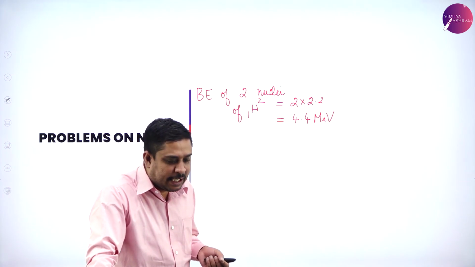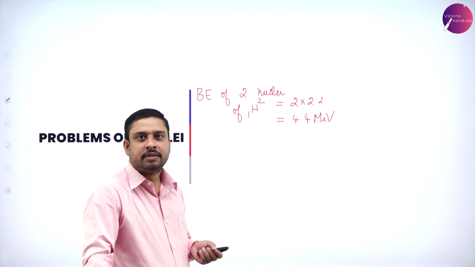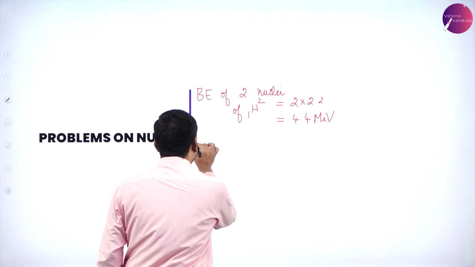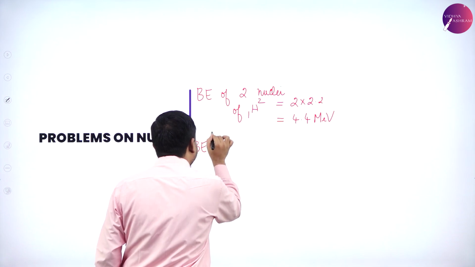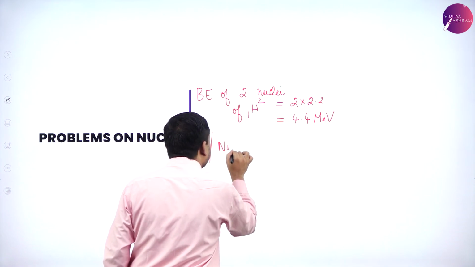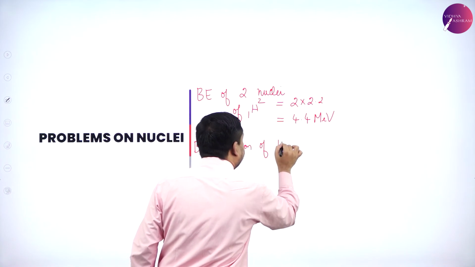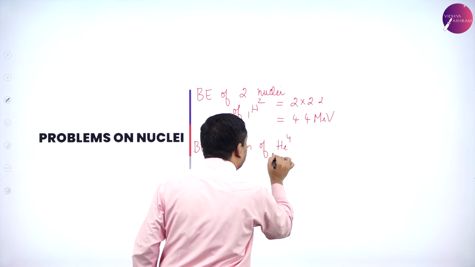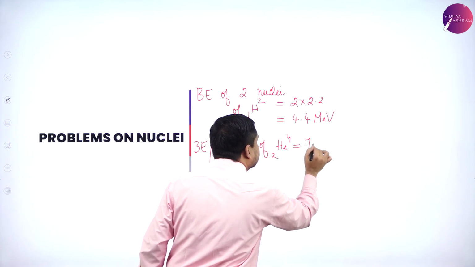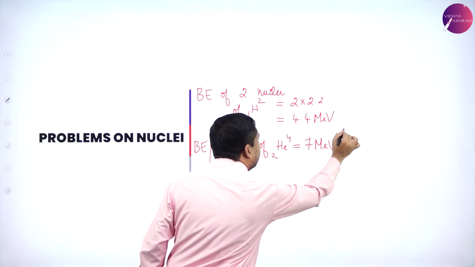Which is the single nucleus formed? Helium. So binding energy per nucleon of helium-4 is 7 MeV.